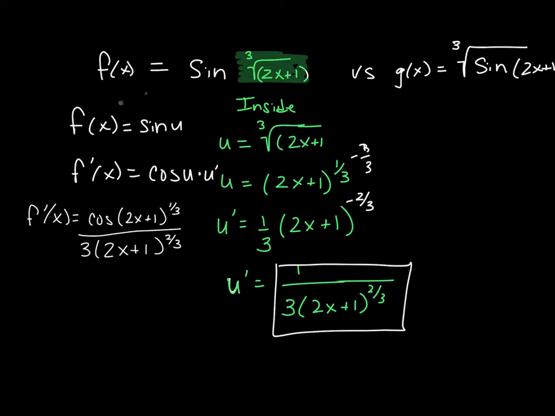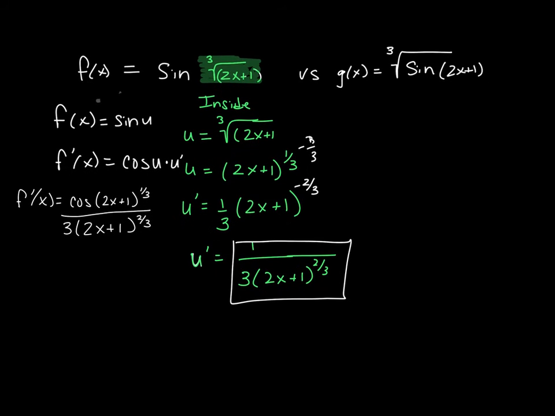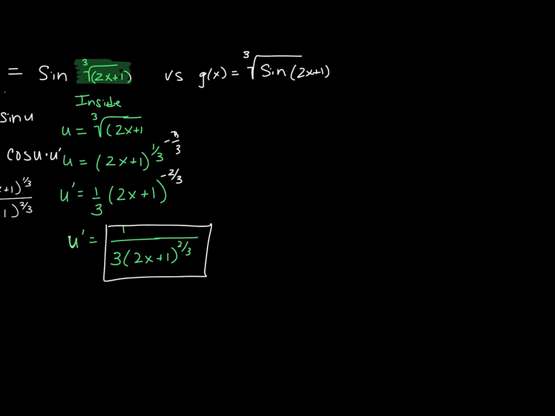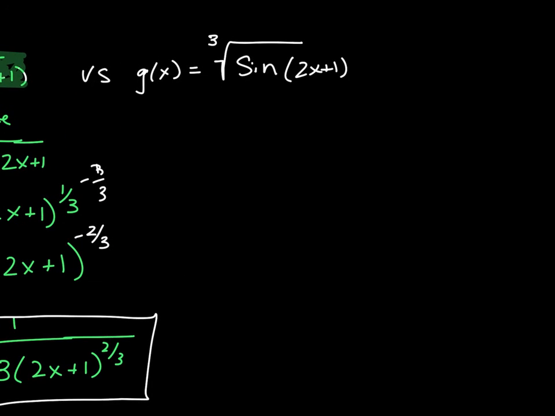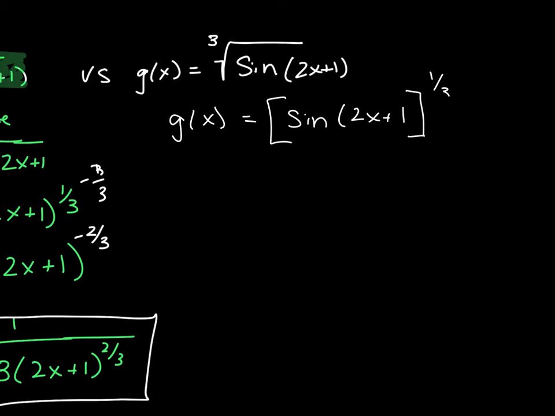Now let's look at a function that's very similar, but the big difference is that with the first one, the index was around the argument of the trig function. The next one that we have over here, when we rewrite it, you will see that this is the same thing as g of x, where the entire function on the inside here is raised to the 1/3 power.